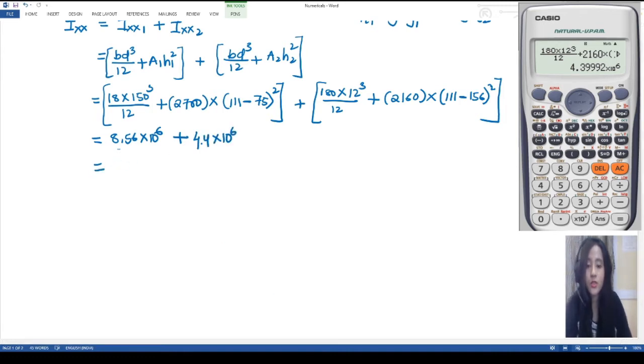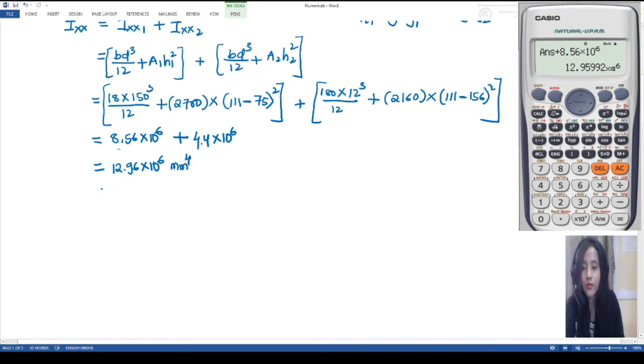So the total will be equal to 4.4 plus 8.56 into 10 raised to power 6. It's coming equal to 12.95, or we can say 12.96 into 10 raised to power 6 mm raised to power 4.